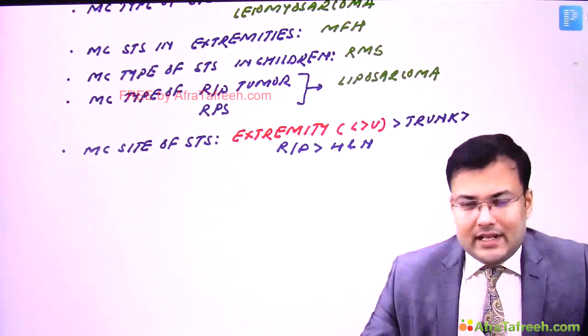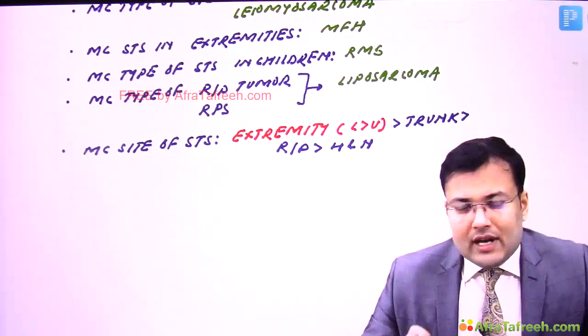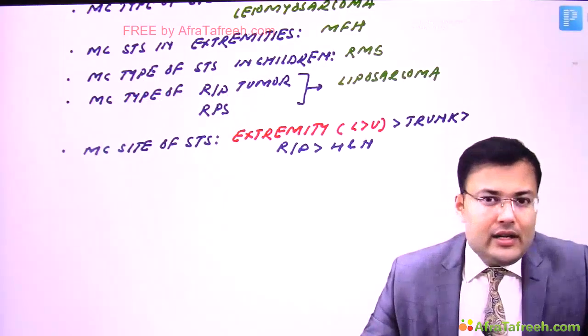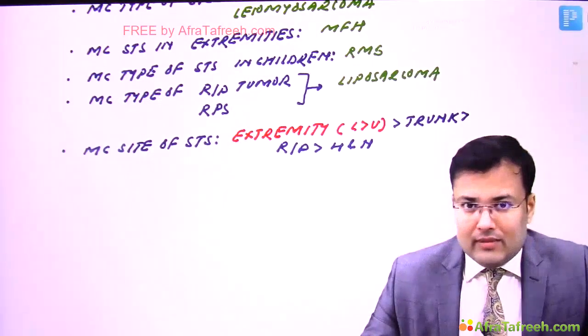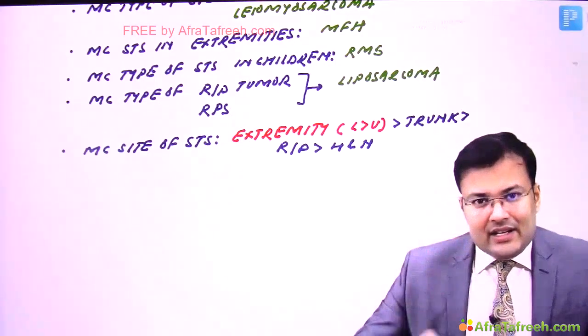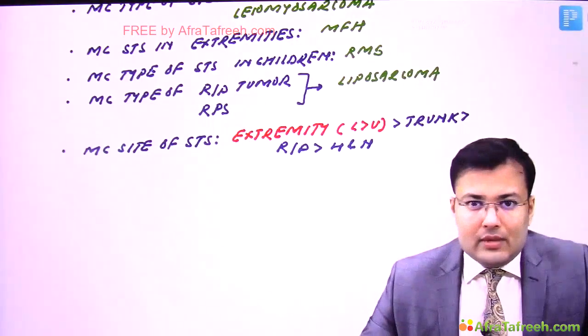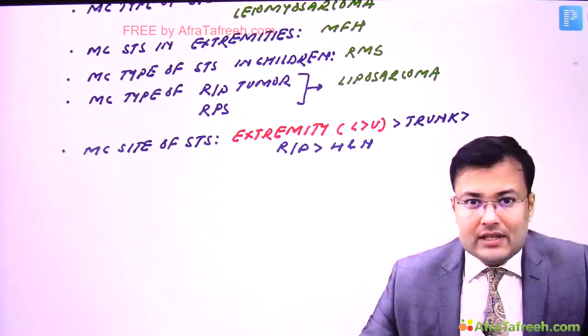Similarly, investigations. The investigation of choice for diagnosis of soft tissue sarcoma is true cut biopsy or core cut biopsy, right? And to assess the extent of soft tissue sarcoma, the investigation of choice is MRI.